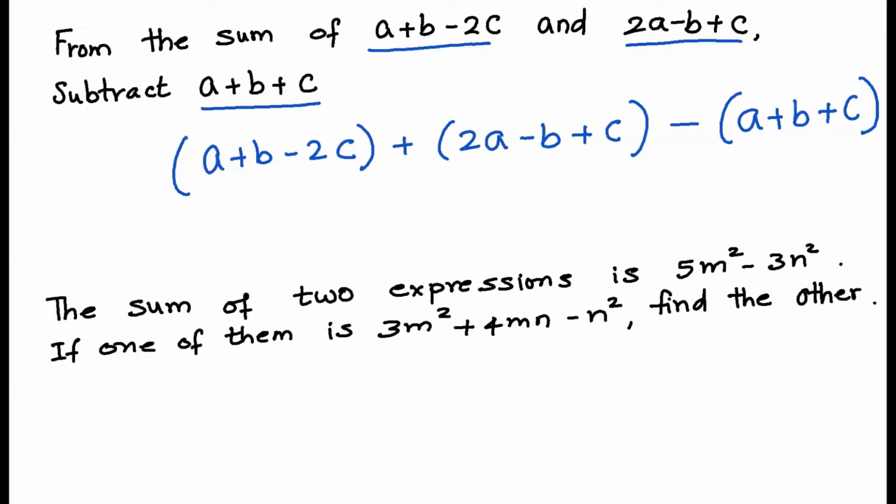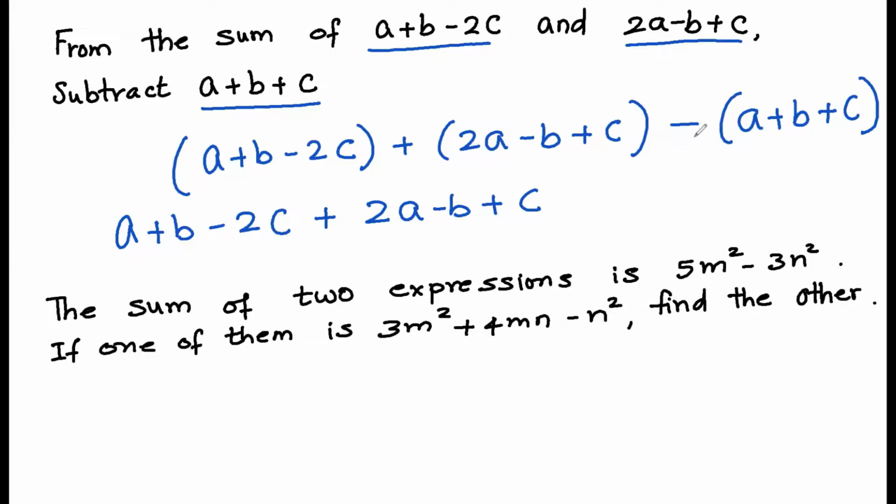Let's go ahead and simplify this polynomial. So first thing first, let me put these expressions together. So it's going to be a plus b minus 2c plus 2a minus b plus c. Now again, we are adding, so nothing changes in terms of signs of these two polynomials.